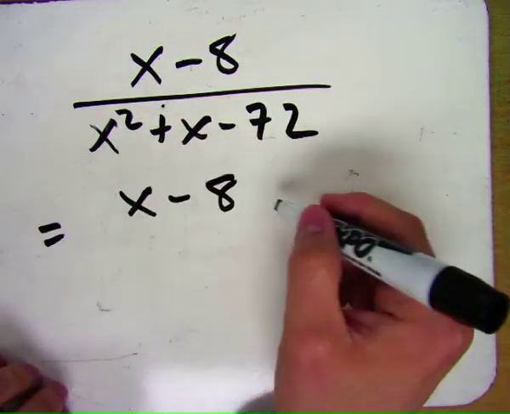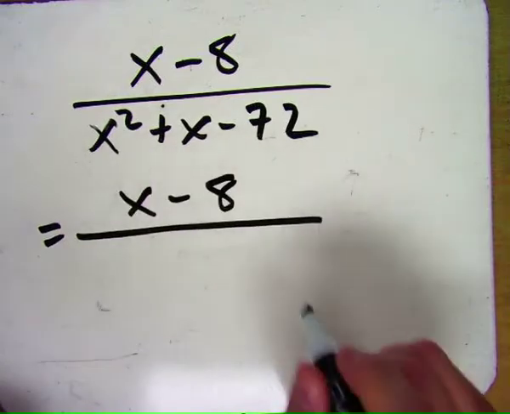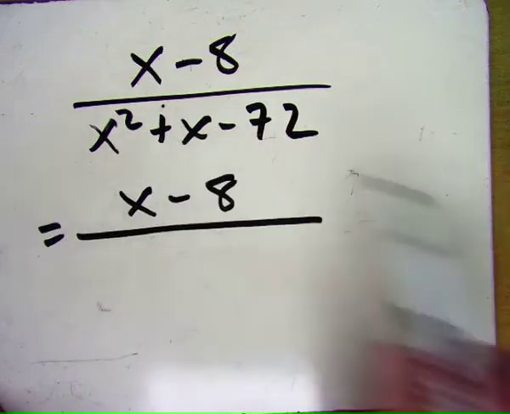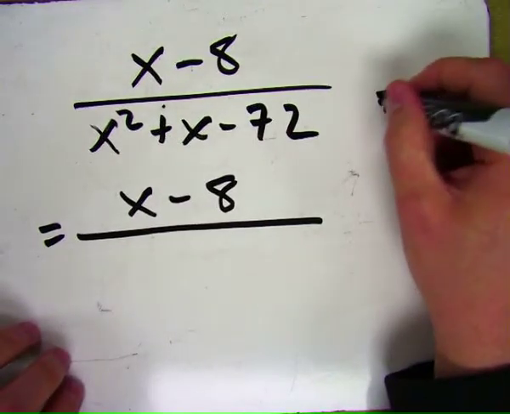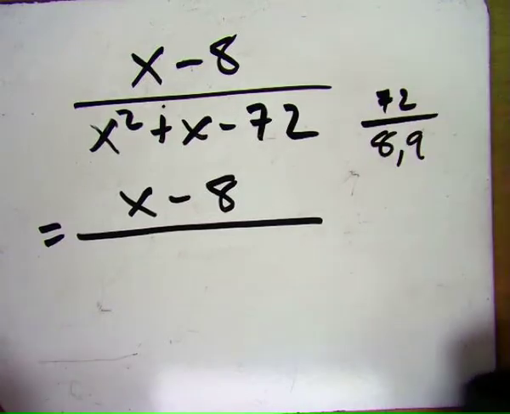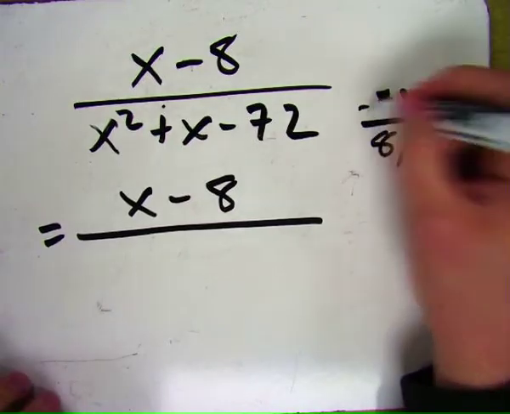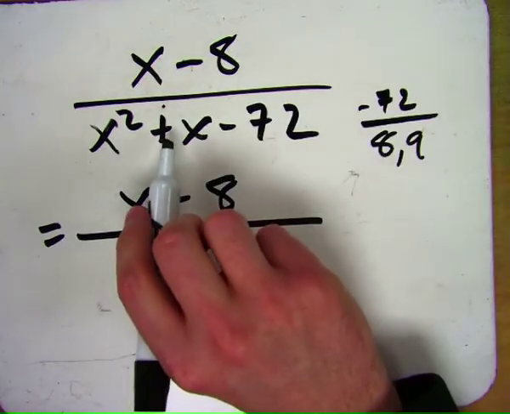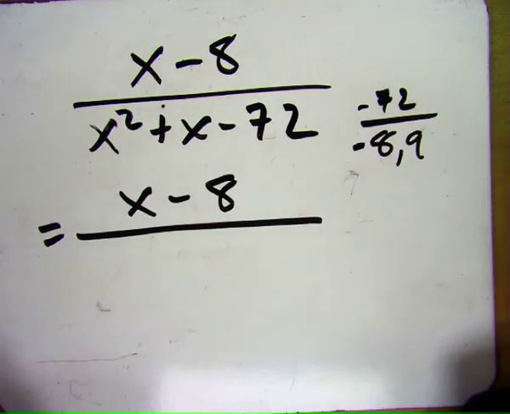Now the top, there's nothing I can do to it. But on bottom, what goes into 72 and would add to positive 1? If I look at pairs, eventually I would come across 8 and 9. Because this is negative 72, 1 has to be negative, and if it's adding to positive 1, I know it has to be a negative 8, so they add to positive 1.